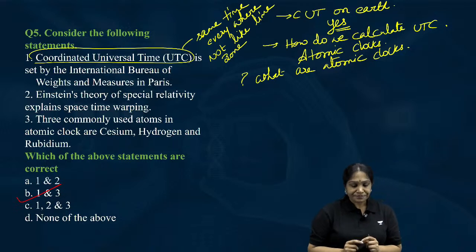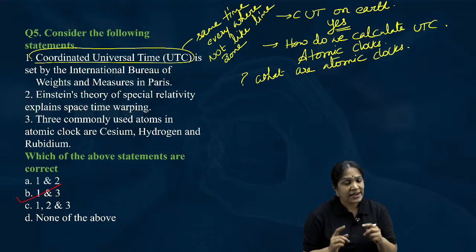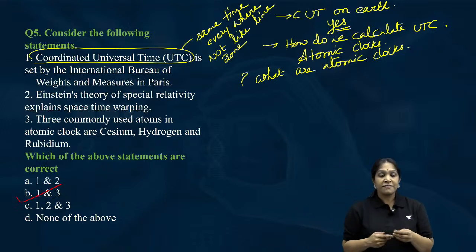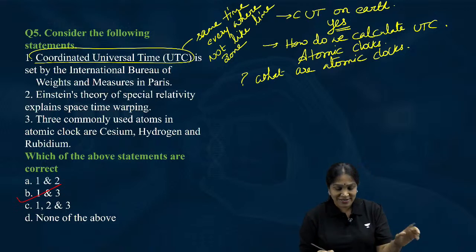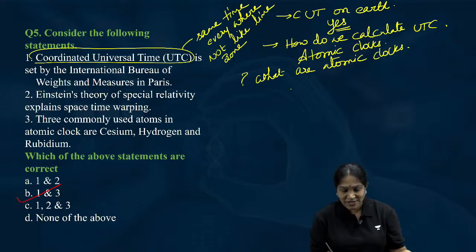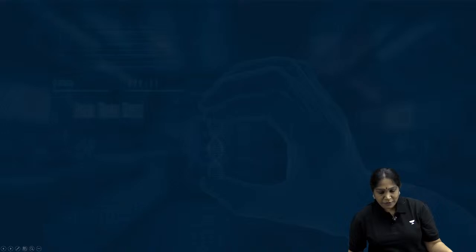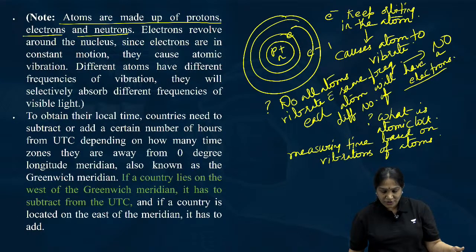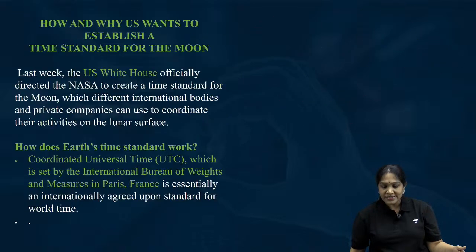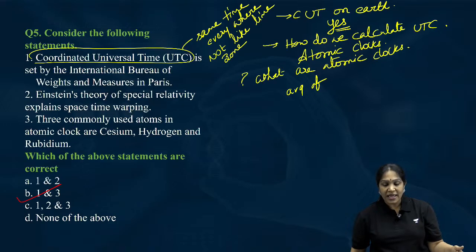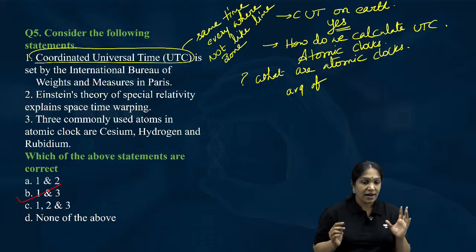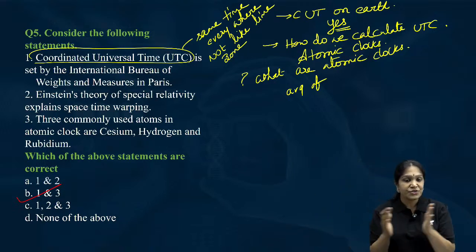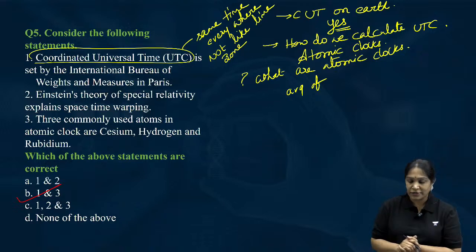Is it accurate? Yes, very accurate, but still we are not using one such clock. We are taking an average of around 400 such clocks to be much more accurate. We want an extremely high level of accuracy.